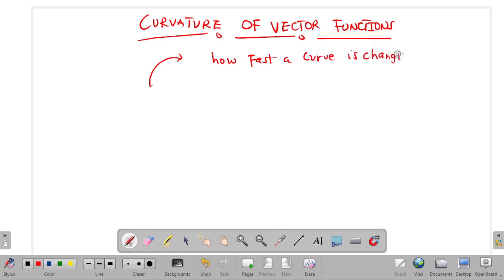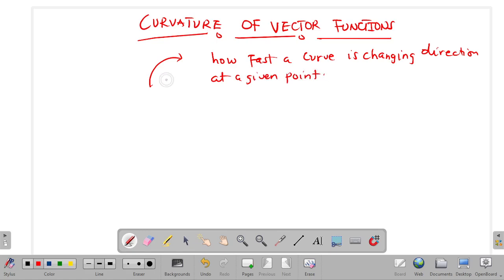That is all. That is curvature. If you want to know how fast any curve is changing direction at a given point, we call that curvature, and you should be able to calculate the curvature of any vector function.